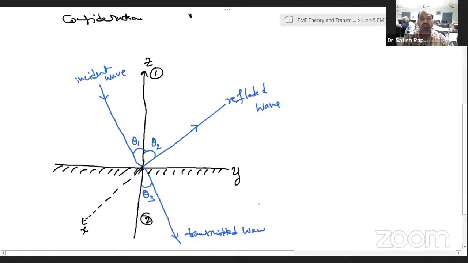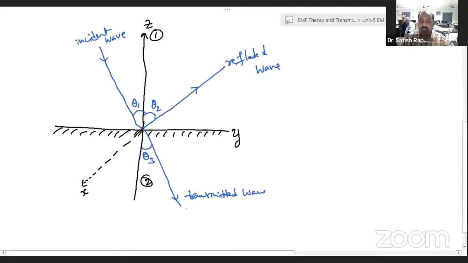The transmitted wave is nothing but the refracted wave. The wave refracts depending on the type of media. So theta 3 is the angle of refraction.